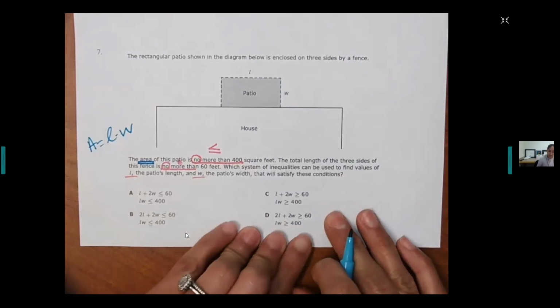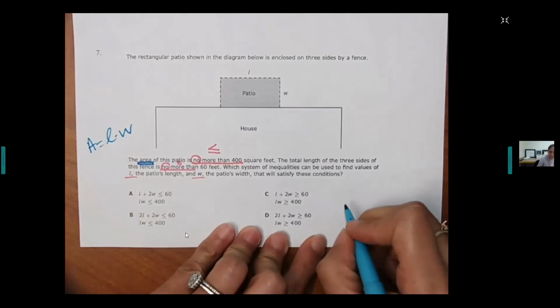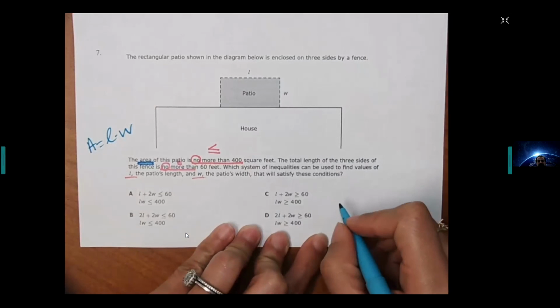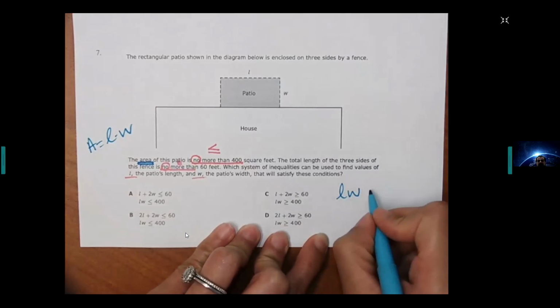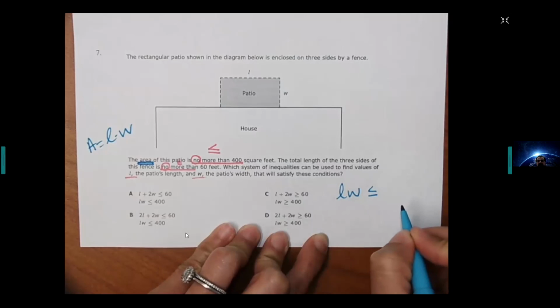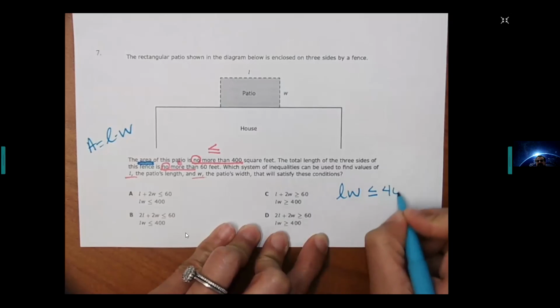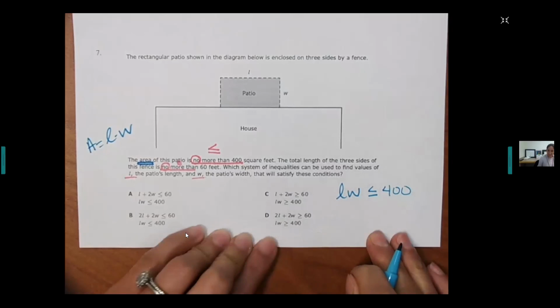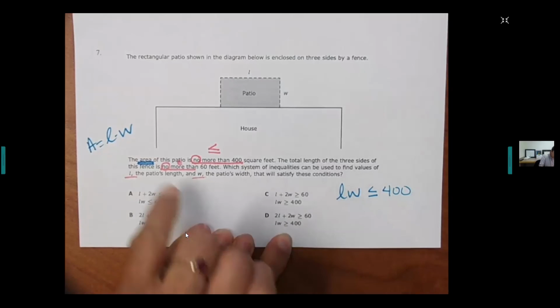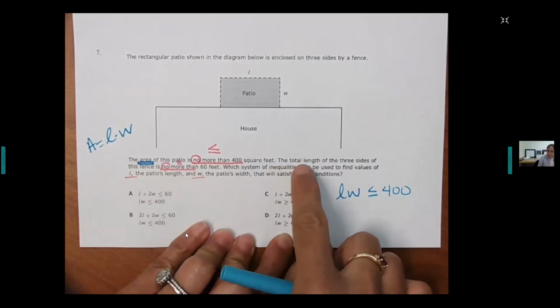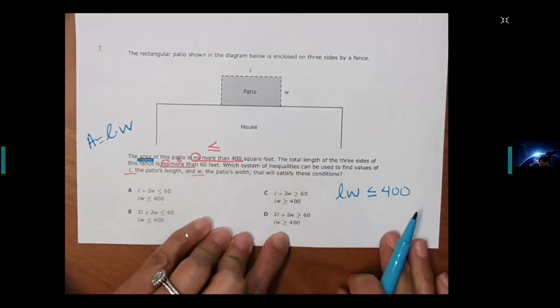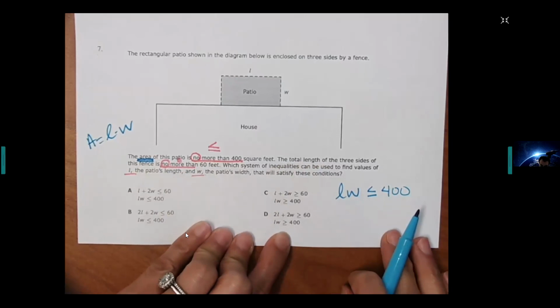Okay, so then how do I set up my first equation? LW less than or equal to 400. Perfect. Very good, Mr. Alcarcas. So that's from the first sentence, right? What's the next part? It says the total length of the three sides.